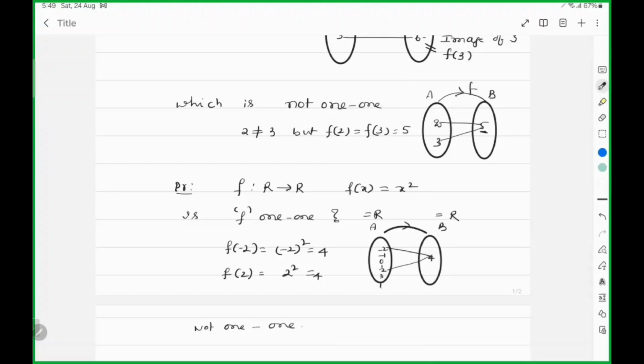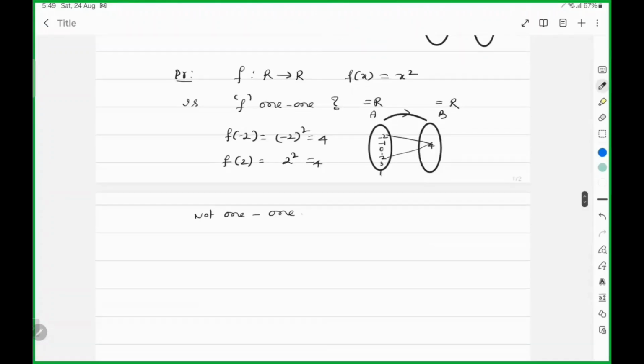Like this, the question will give options like one-one or not one-one. Next problem: f of x is x.